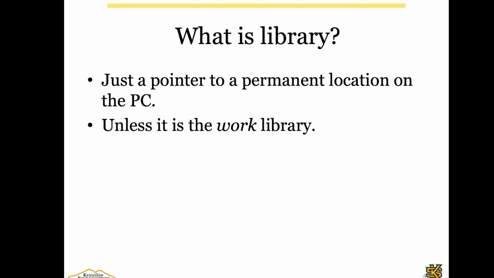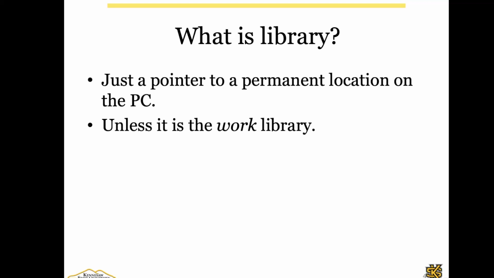Okay, one more time, let's talk about the library that we discussed. A library shows us a permanent location on our PC. As we discussed, a library can be divided into two categories, permanent and temporary. The work library is an example of a temporary library.